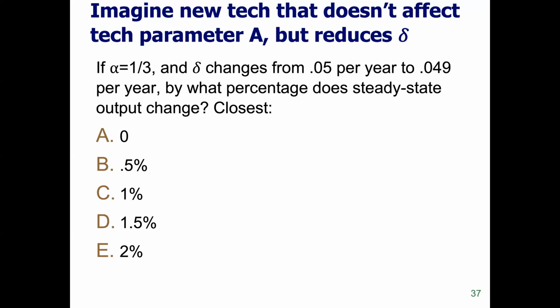It's the fact that it's a 2% decrease. Again, the safest way to deal with that is to divide 0.049 by 0.05. This is unavoidably difficult, and there is an exercise on the course website that'll help you get practice with this.